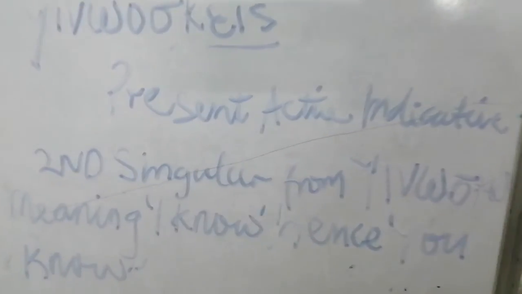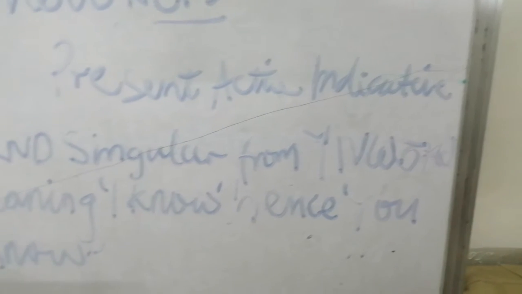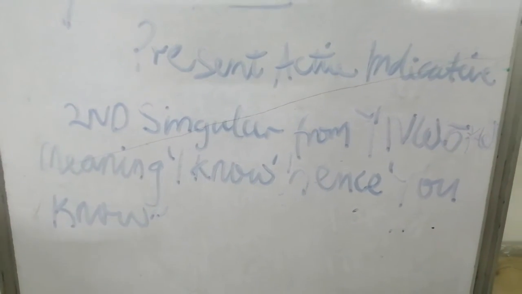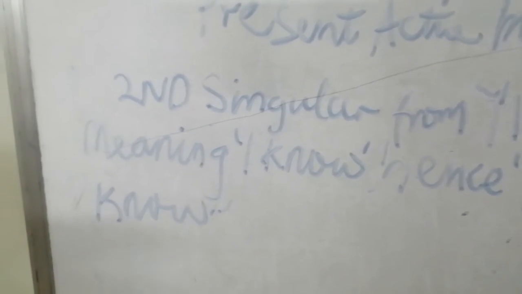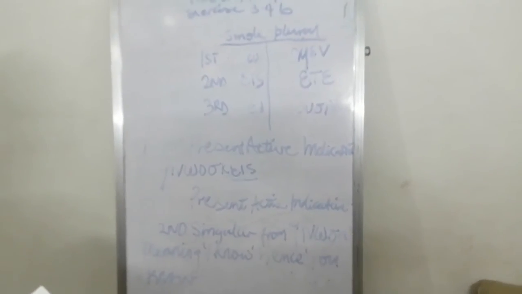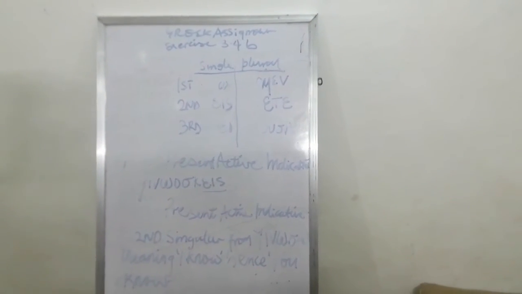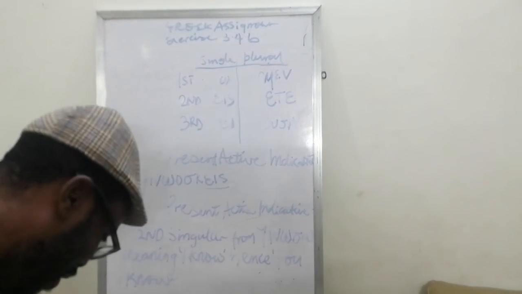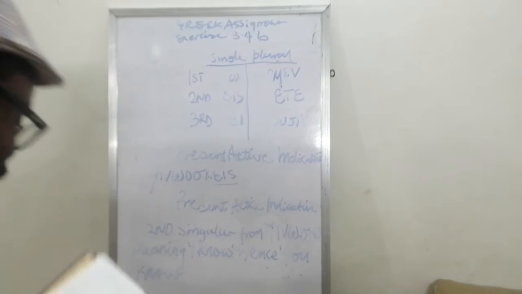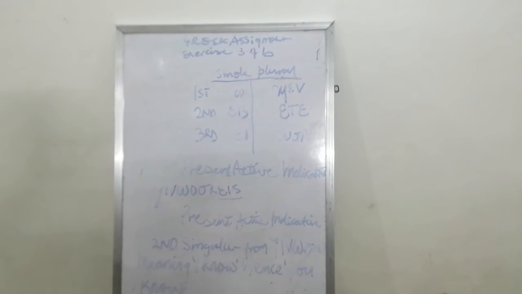So we can use that to complete the other ones. If you look at all the words given in exercise 3b on page 13, you find out that all of them are active indicative.